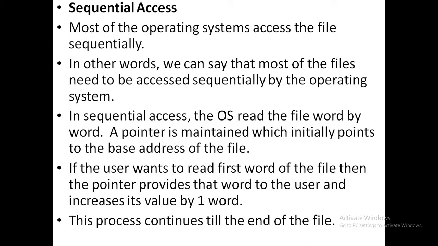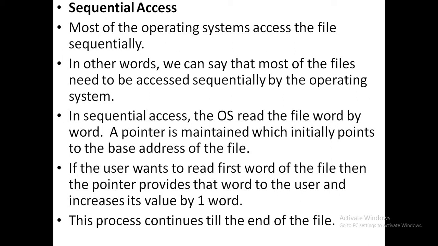So it reaches each and every file one by one from start to end. Because the operating system accesses the files in a sequential manner, this mechanism is called the sequential access mechanism. Okay, so come to the lecture notes.